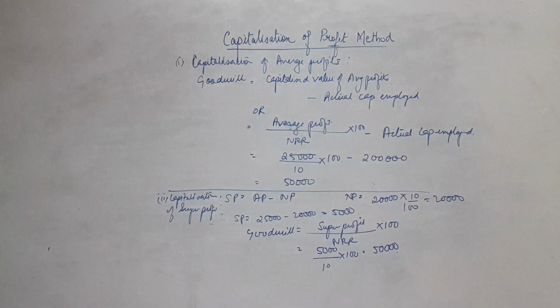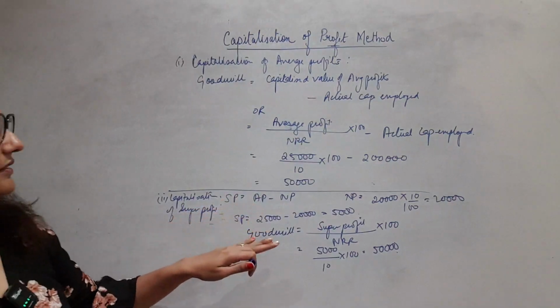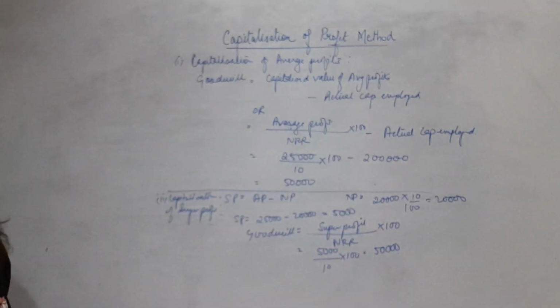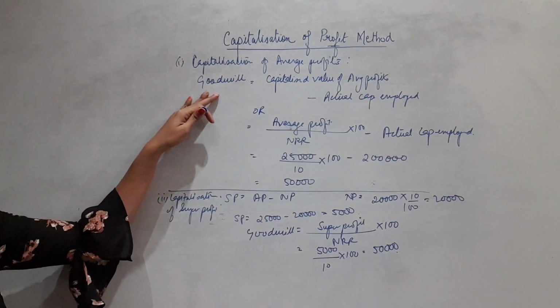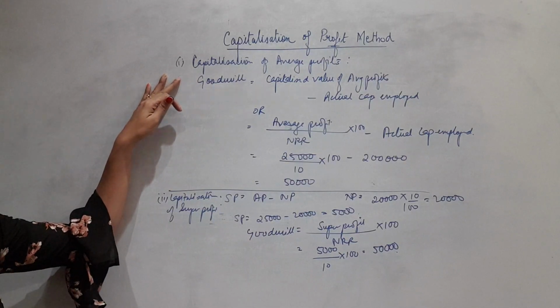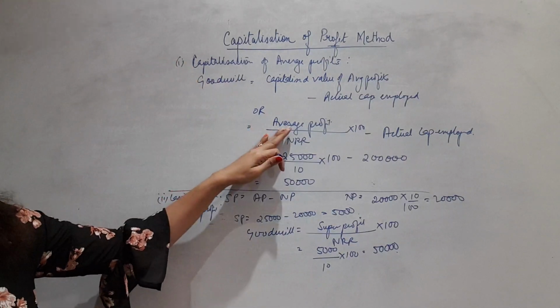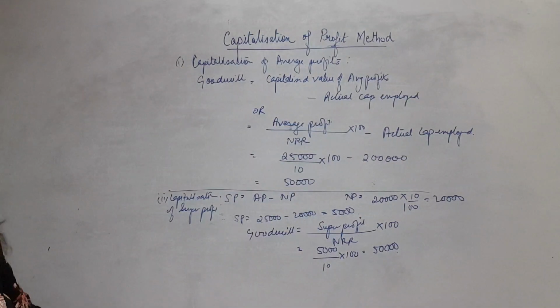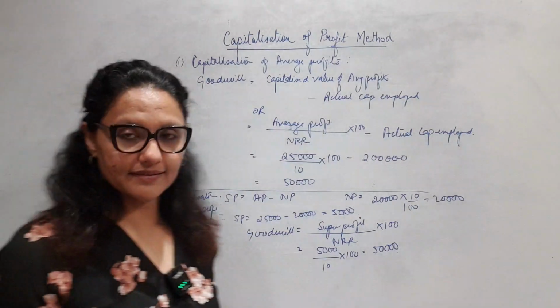Here I will need super profit first. Then I will find out goodwill using this formula. In the average profit capitalization, I don't need super profit. I don't need normal profit. I just need average profit and the actual capital employed. That's it. Okay, let's take a sum.